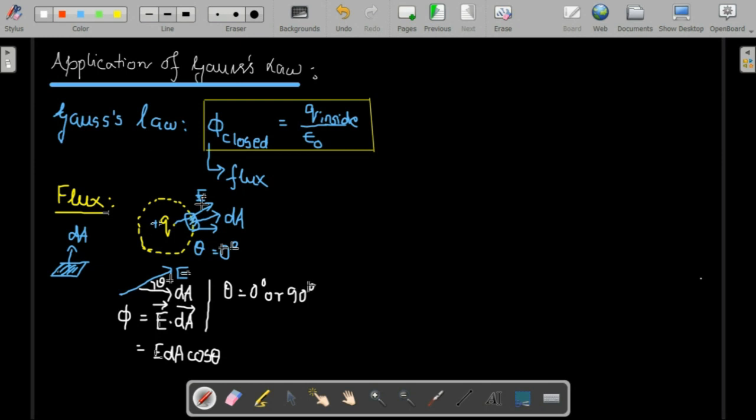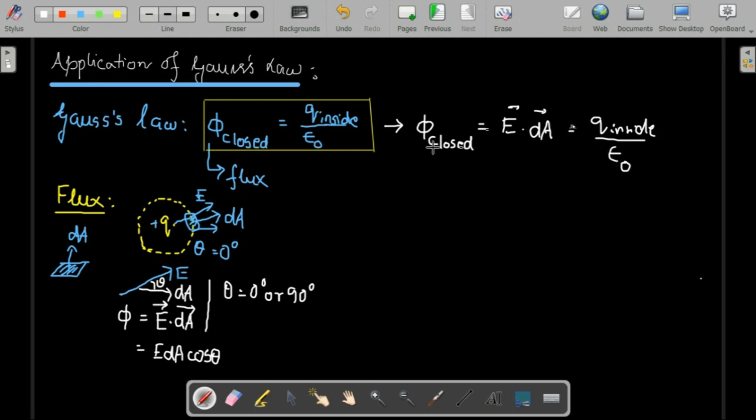If we look from here, what can we write down for Gauss's law? Gauss's law can be written in a different way as well. The flux of the closed surface is equal to E dot dA, which equals Q inside by epsilon naught.